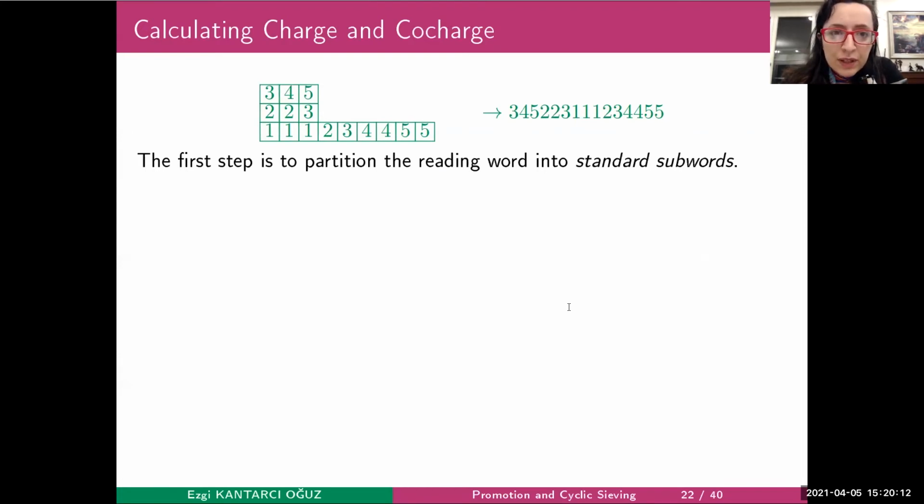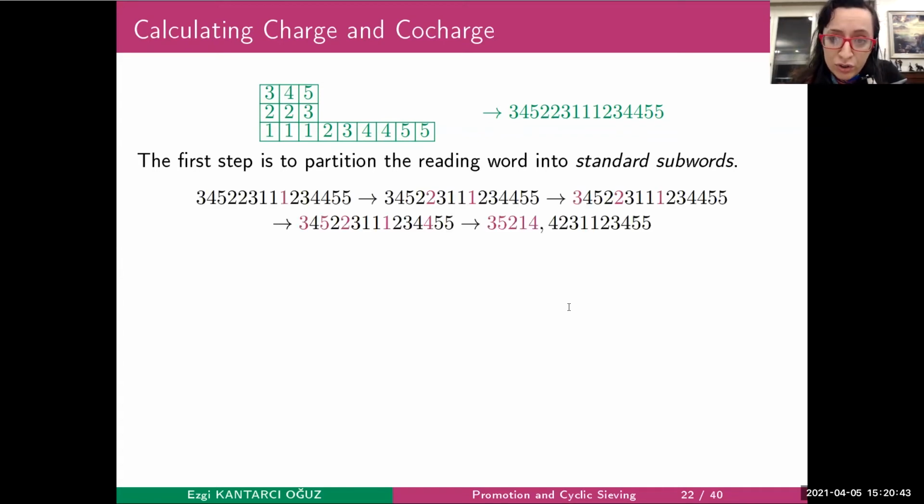The harder part is how we calculate the charge or cocharge, because it's not a very straightforward operation. It has quite a few steps. Well, we start with a tableau, and then we look at the reading word. Now, this is a semi-standard tableau, so we have repeats of numbers, but charge is defined mainly for permutations. So we divide this into standard subwords.